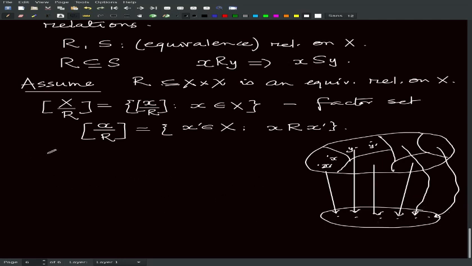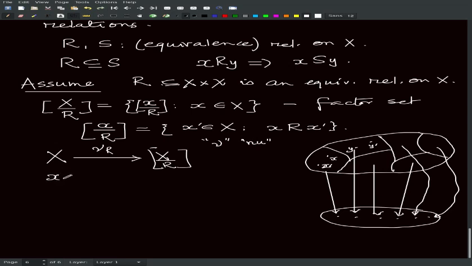So what is it? From X to X by R, this is our factor map. This is the Greek letter nu. It is written like this. It is called nu, the Greek letter for n.